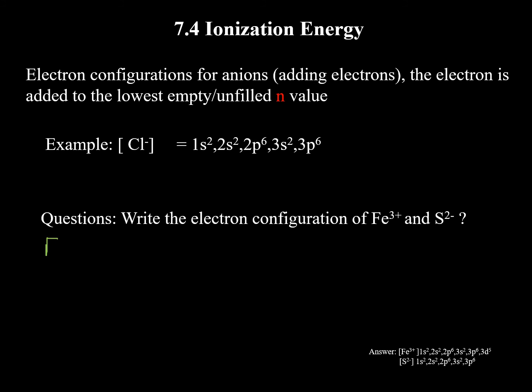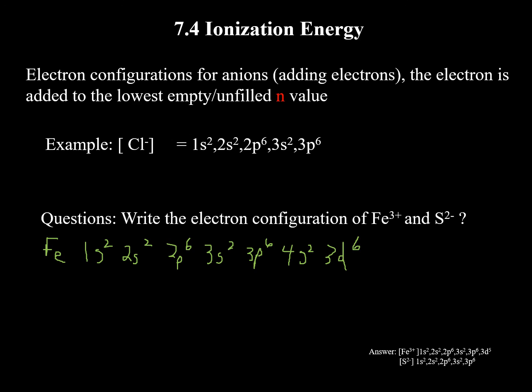So for iron, normally it's 1s2, 2s2, 2p6, 3s2, 3p6, 4s2, 3d6.